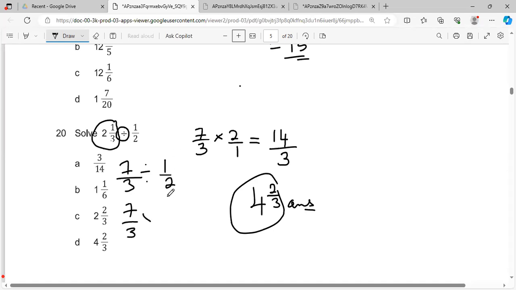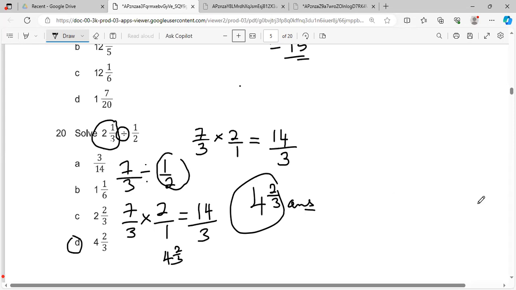And then you see this fraction right here, the last one, we have to flip it. So 1/2 becomes 2/1. And we know numerator by numerator and denominator by denominator. And then the last step, we divide 14 by 3. And that will give us the answer. How many groups of 3 can we get out of 14? That would be 4, because 3 times 4 is 12. So that remains 2/3. Is correct.